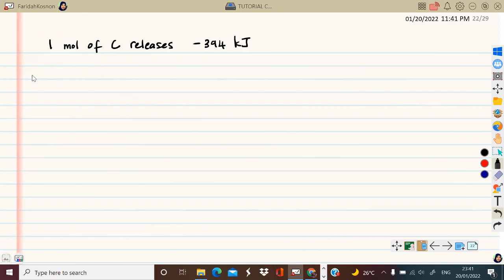So now in the calorimeter yang terbakar berapa banyak? 0.200 mole of carbon. So when 0.200 mole carbon burn in the calorimeter, dia akan release berapa banyak? Jadi kita akan buatlah perkaitan ataupun perkadaran 0.200 mole.